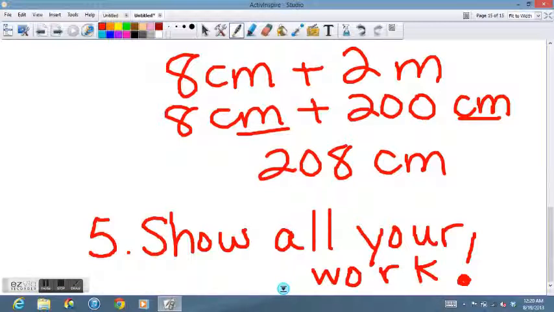If you have a picture that you had to draw, show that. Show everything so that we can look at that. In case you miss it, we want to see what you did so we can figure out where you went wrong. Also, even if you get the right answer, you need to be able to show how you got your answer. That's part of what math is, being able to show how you got your answer, not just getting the answer.